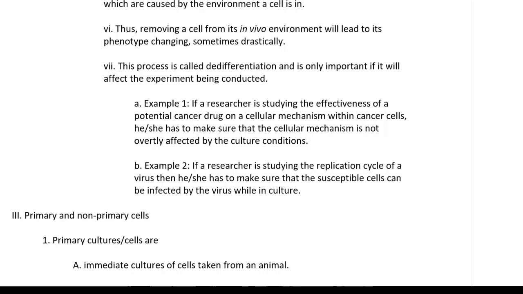So, dedifferentiation really only matters if it's overtly affecting the system being studied in the cell. If it's not affecting the system being studied, then there's no reason to really worry about it. You can still do your study.